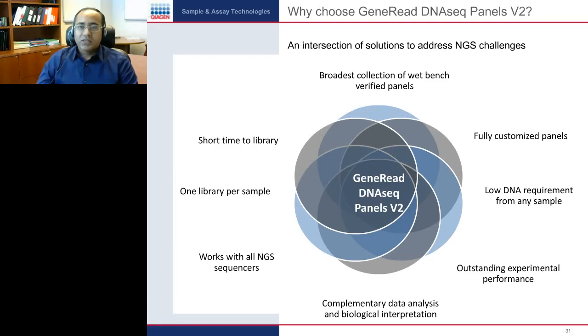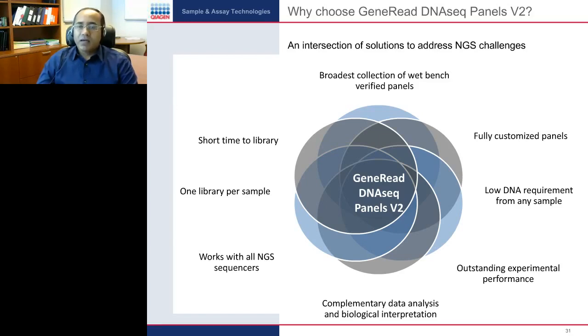These panels need a very low DNA input requirement. You need only as low as 10 nanogram DNA input for one PCR reaction. And the panels work with any samples, including FFPE samples, because of our low average amplicon length.